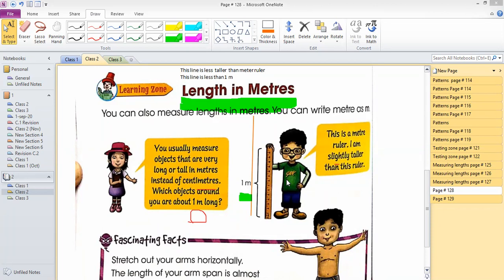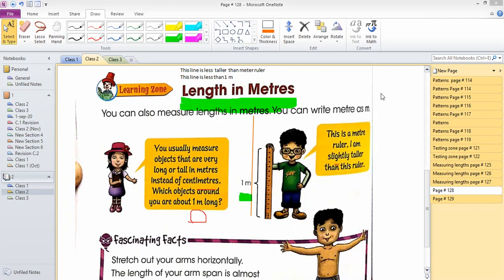Miraj, can you hear me? Yes, sir. Tell me, this line is more than, less than, or about to 1 meter. More than. Why is it more than?